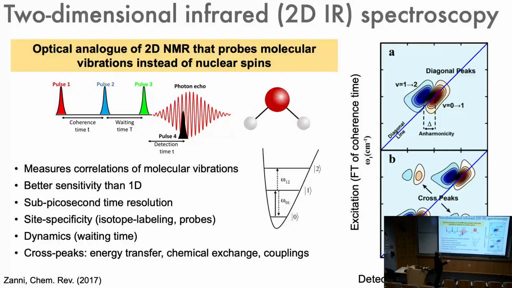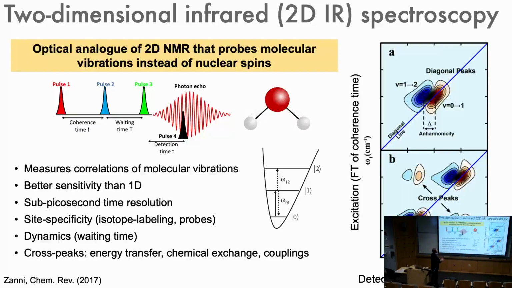The red one is right on the diagonal. Excitation is the same as detection frequency, and that corresponds to the 0 to 1 transition, or 1 to 0, same frequency. Another peak that always accompanies the red one is the blue one, which corresponds to 1 to 2, and is shifted because of anharmonicity, right? Vibrations are anharmonic, so you get peaks like this.